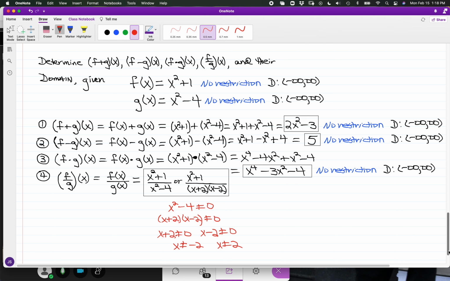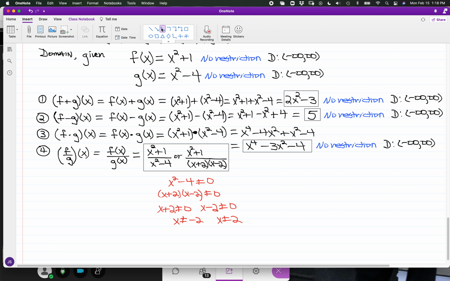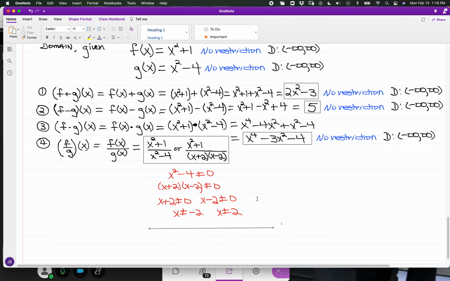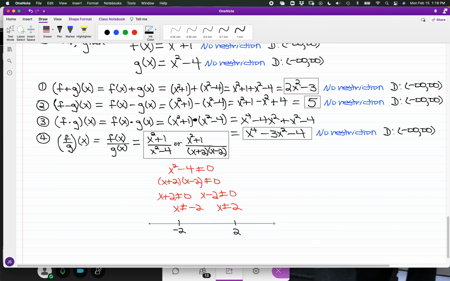And just to give a bit of a visual, you have negative and positive 2 excluded. So you have holes at negative and positive 2.